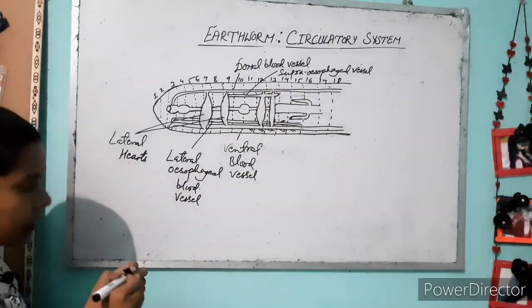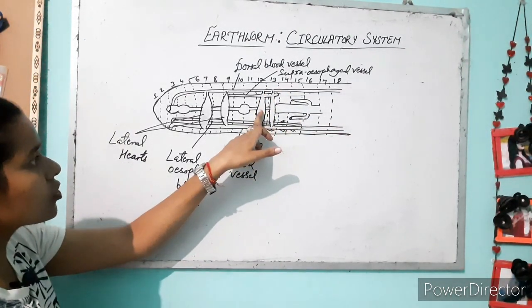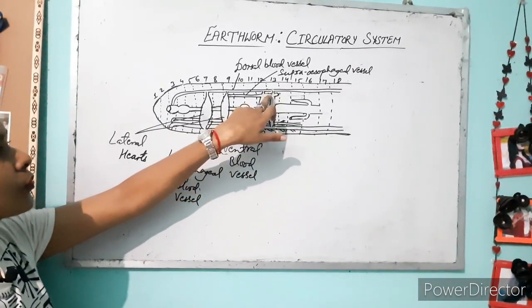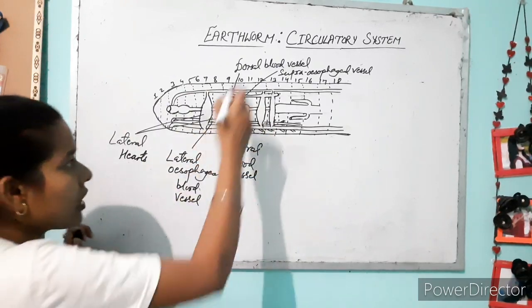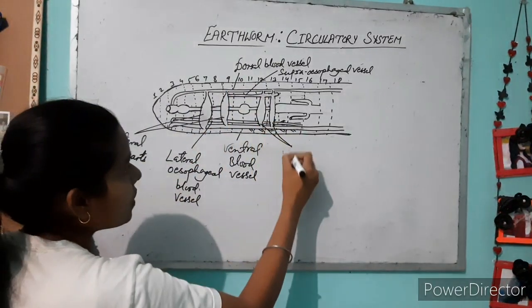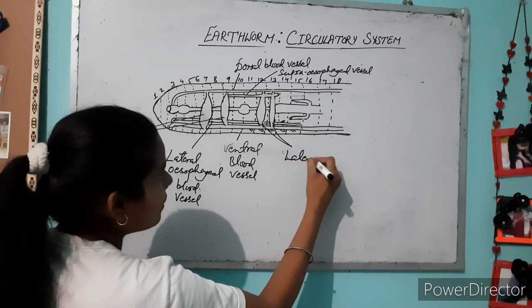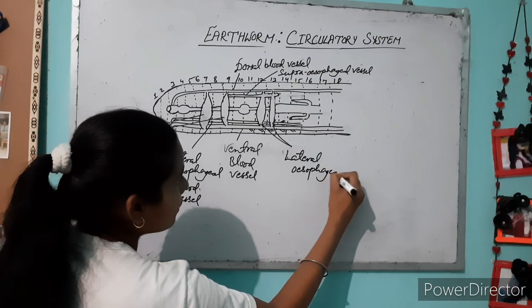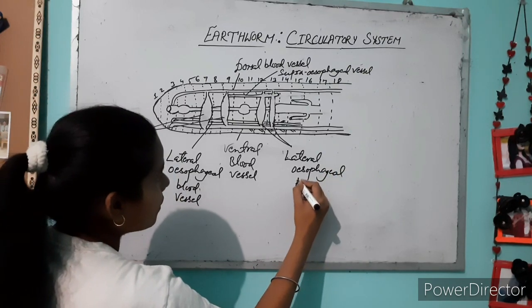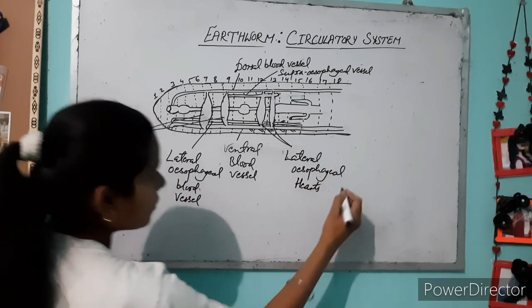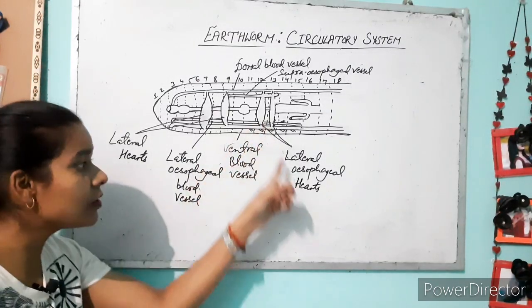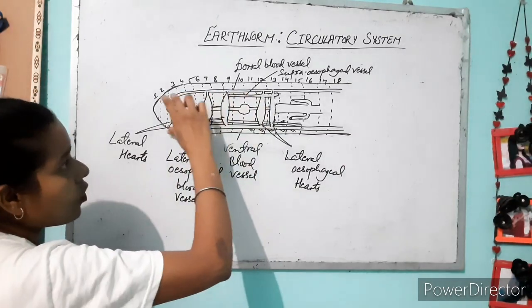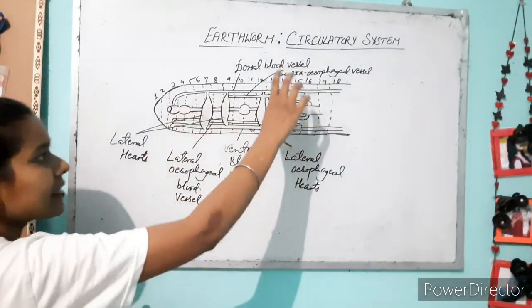This is also a broad tube, attached to the dorsal tube, supraesophageal tube and ventral tube, all three. These two tubes are known as lateral esophageal hearts.